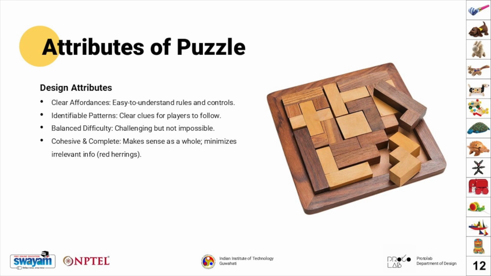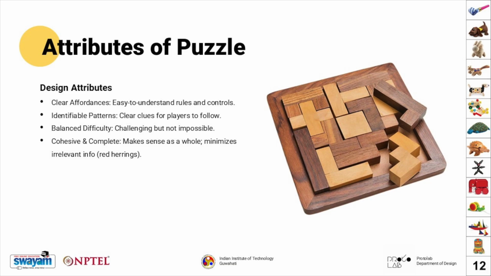Next, the design attributes. Puzzles rely on clear affordances, meaning the rules and controls are easy to understand. They contain identifiable patterns that act as cues for the player to follow.